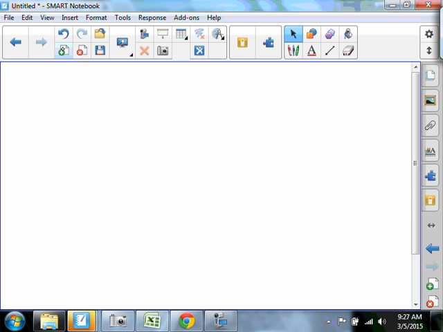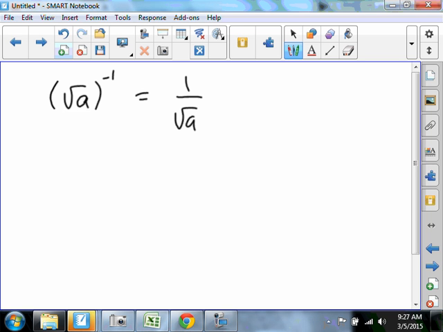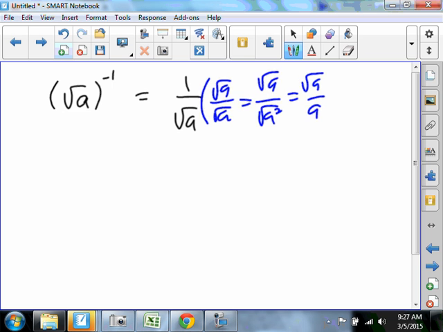Well, I've got a trick to memorize the other ones, and I don't want to get too algebra heavy with this, but we do need to look at rad A. Does anybody know what an inverse is, or a reciprocal? If we were to raise that to the negative first power, that would be 1 over rad A, but that's not cool, is it? So we would have to rationalize the denominator by multiplying by rad A over rad A, which would be rad A over rad A squared, which would be rad A over A, right?